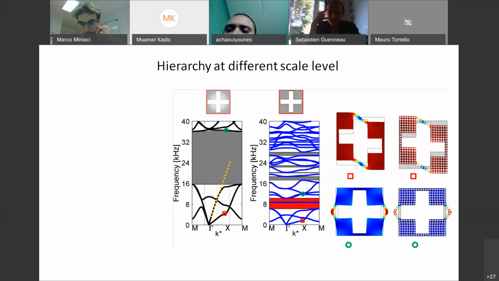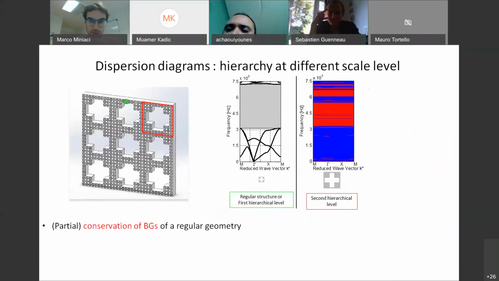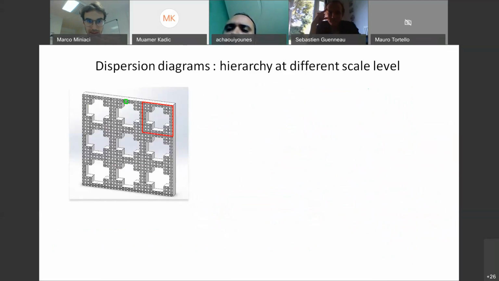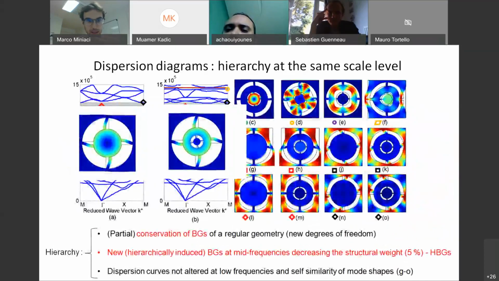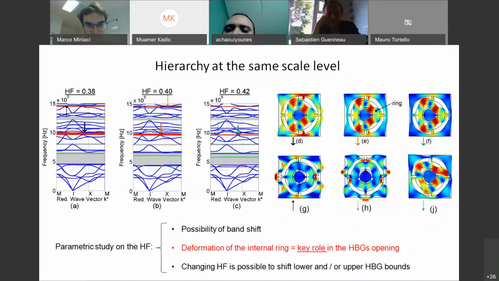Sure. In this case I do not have the specific dispersion modes, but I can explain with this other model. You see here there is a similar situation in which we have a band gap, and then we have a flat mode, which is the signature of a localized mode that comes into the system.